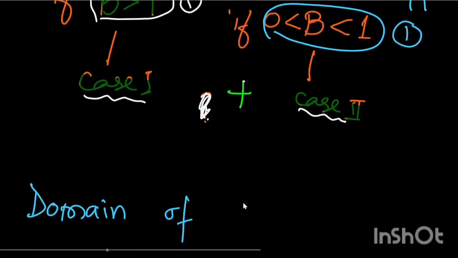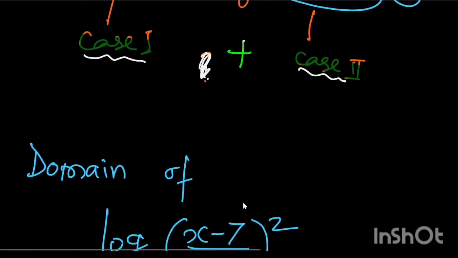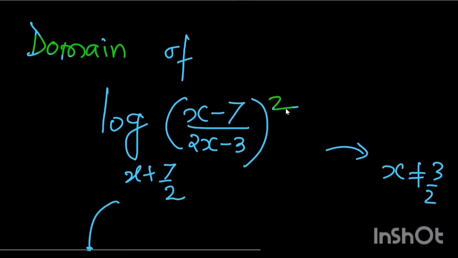Case 1, and before that we need to take care of the domain. Domain means what? The argument must be positive, since here it is square. So the only thing that we need to ensure is that the denominator, which is 2x minus 3, shouldn't be 0, which gives us the domain of the argument as x shouldn't be 3 by 2.